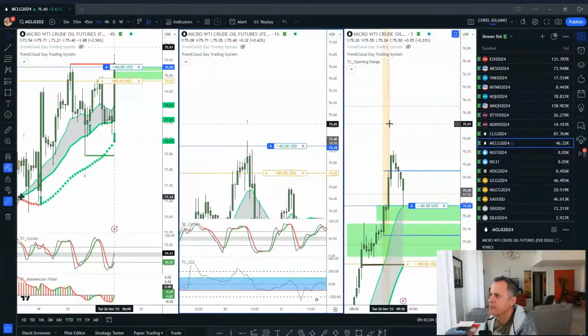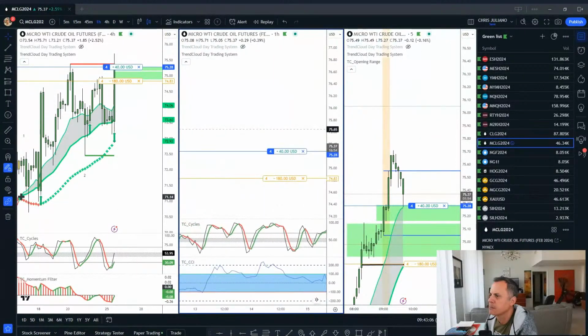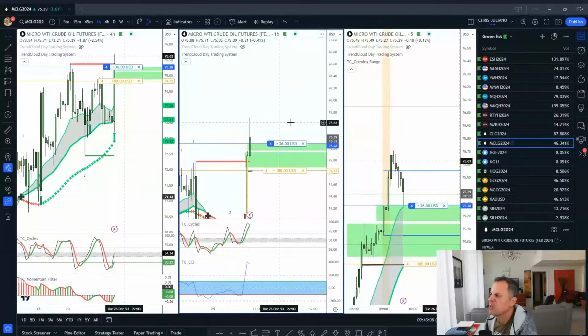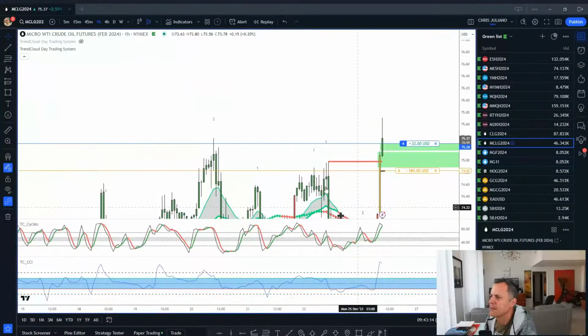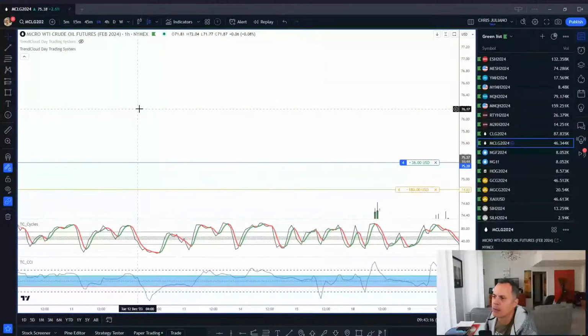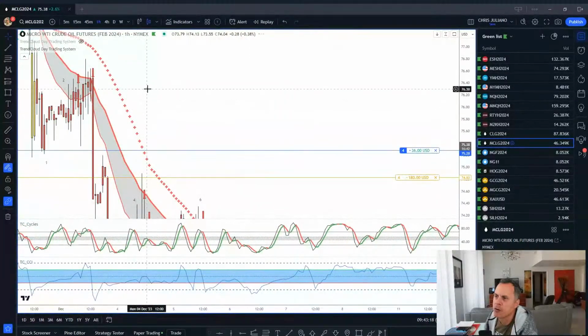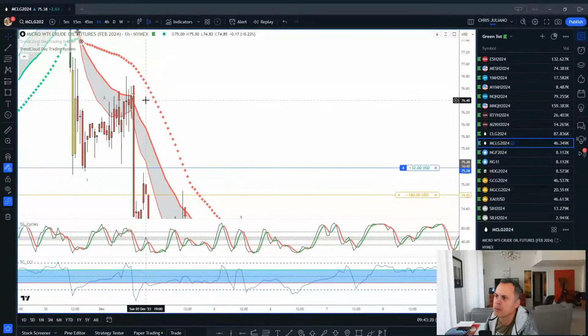Let's look left. We really don't have anything stopping us, do we? Don't have anything stopping us to the left here on that 1-hour chart. Not until here.